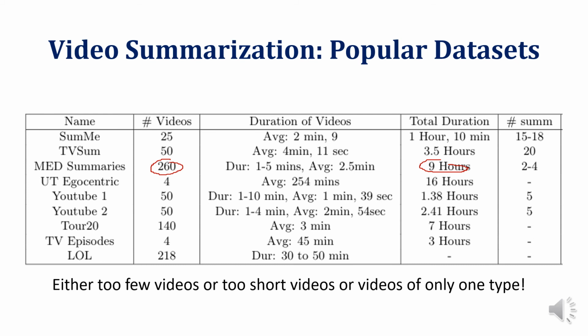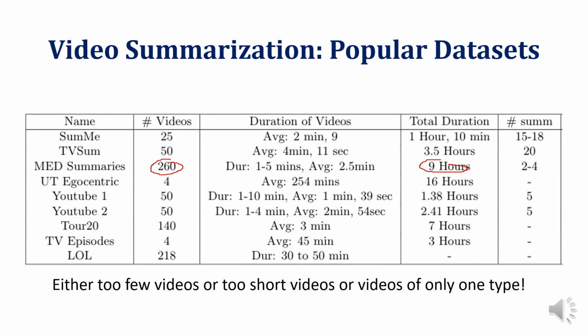These are other data sets, TV sum, MEDI summaries, and so on. The longest of them in terms of number of hours has been egocentric, which is a very different genre altogether, where you have camera mounted on the person's head, and then it's really capturing videos from the point of view of the person wearing the camera. So besides that, MEDI summaries are probably the largest, 9 hours, with 260 videos with duration of 1 to 5 minutes, an average 2.5 minutes.